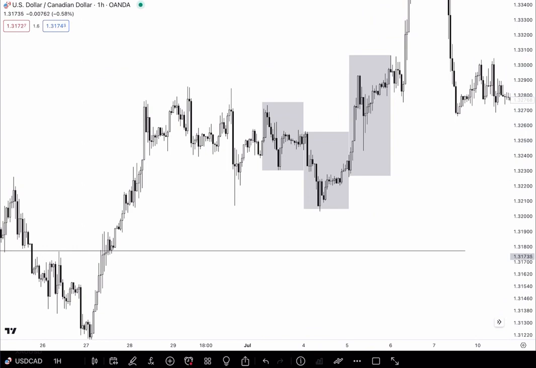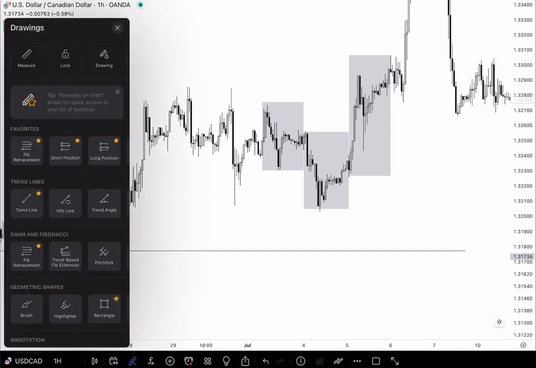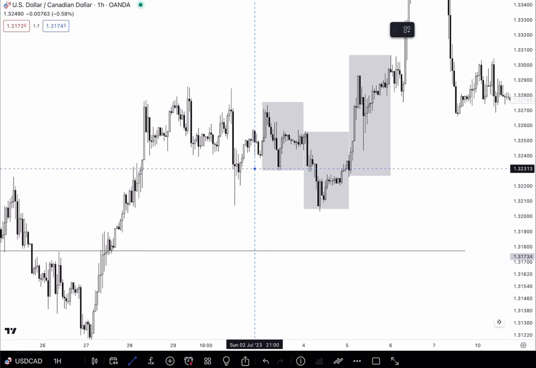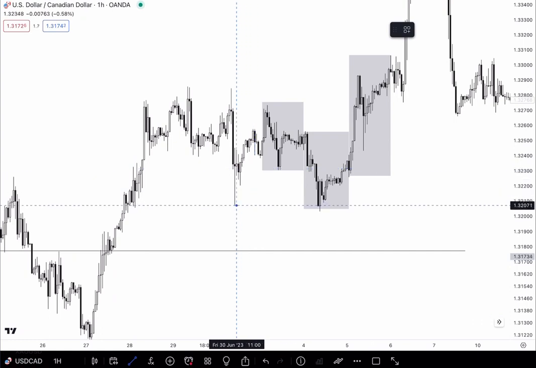Using timed ranges, blending those with the 3 candle formation. Some people say 4. I prefer 3. And blending this, if you've noticed, I've never mentioned a single PD array. I've mentioned maybe a higher time frame key level, only monthly, weekly. But on lower time frame, it's mainly lows.